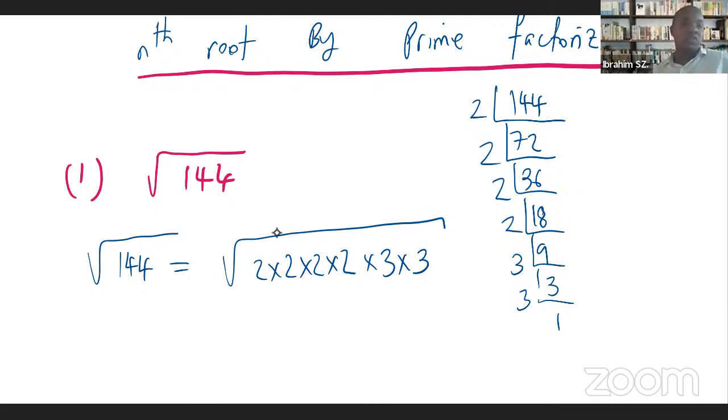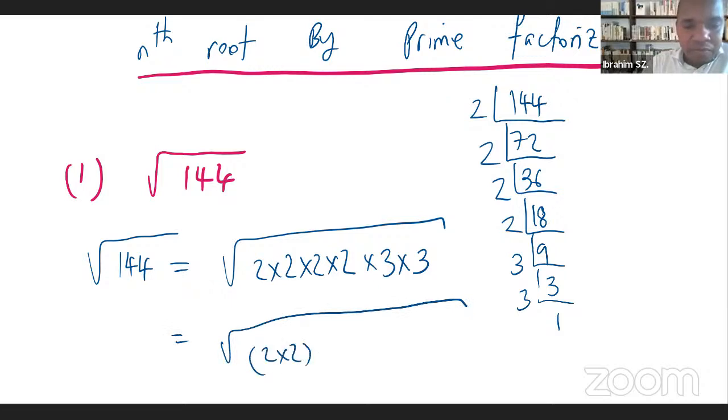And because we are talking of square root, kinachotakiwa hapa utagroup factors kwenye makundi ya mbili mbili. So you are going to group two equal factors. So this one here will be square root of 2 times 2, 2 times 2, times, of course, 3 times 3.